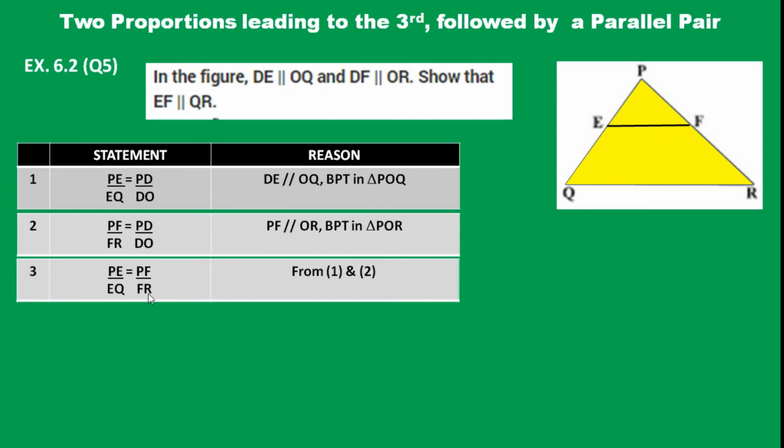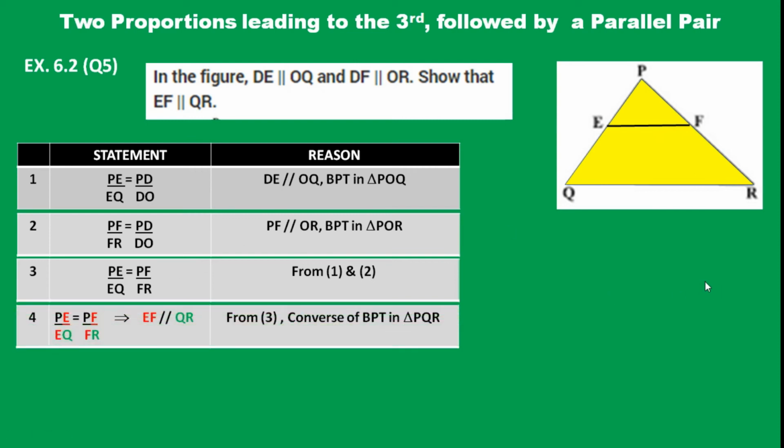Since we have been able to prove this, in the yellow triangle we apply the converse of BPT. So please observe, this has been just rewritten here. E, F, join them together, EF parallel to QR, which we were required to prove.